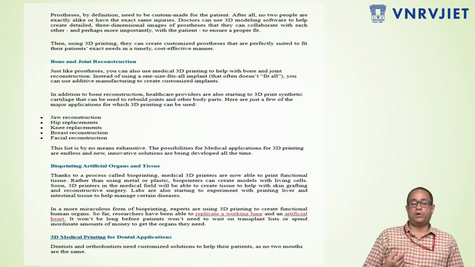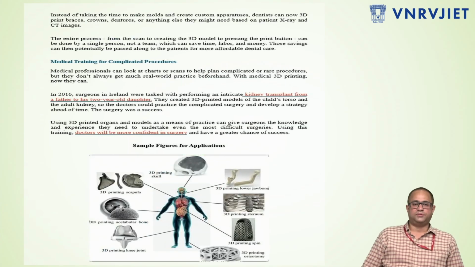Based upon your specific bone anatomy, the knee replacement is done. And coming to breast reconstruction, suppose you have breast cancer, so most of the part is removed. The other side is scanned using scanning techniques, and then it is reconstructed using the concerned material, and then your skin is grafted, and then it is implanted.